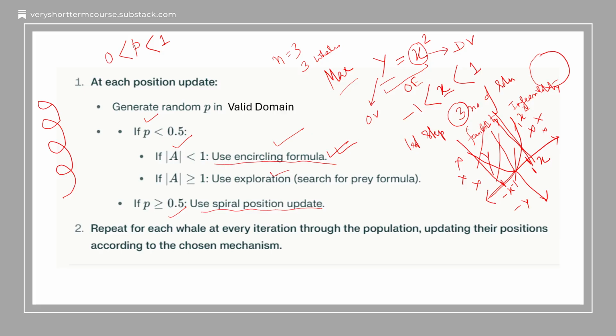So you can follow this A path, this B path, or this C path. Depending upon the value of small p and capital A, it will be decided whether you will follow the A path, B path or C path.